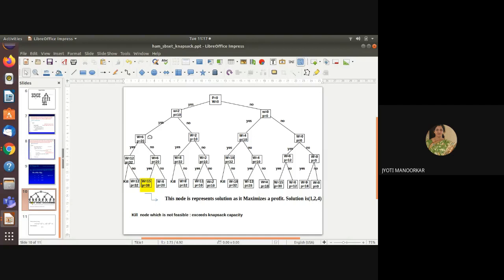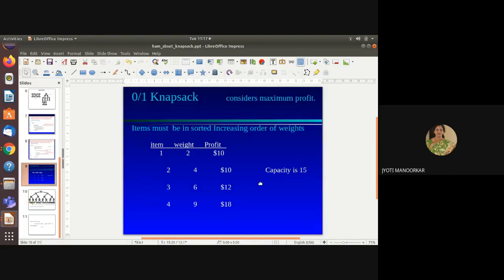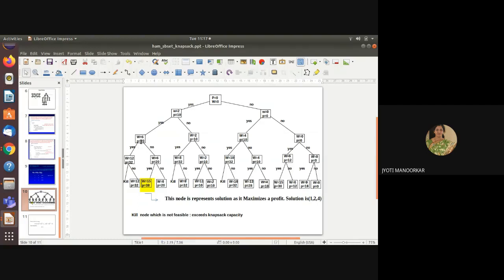P is equal to the previous profit 10 plus the current atom's profit, also 10. So 10 plus 10 gives a total profit of 20 at this point. So this node represents that we have included the first element as well as the second element. Okay, fine.